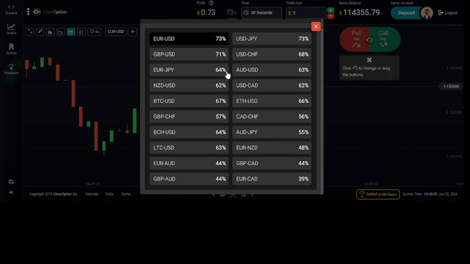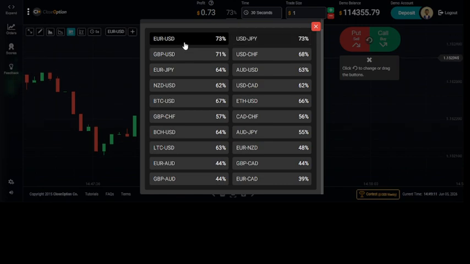They have the regular currency pairs like Great British Pound, Swiss franc, but they also have crypto. They have Litecoin here. They have Bitcoin Cash, and they have Bitcoin and Ethereum as well to trade. We're going to be focusing on Euro USD because it has the highest payout rate here at 73% rate of return.